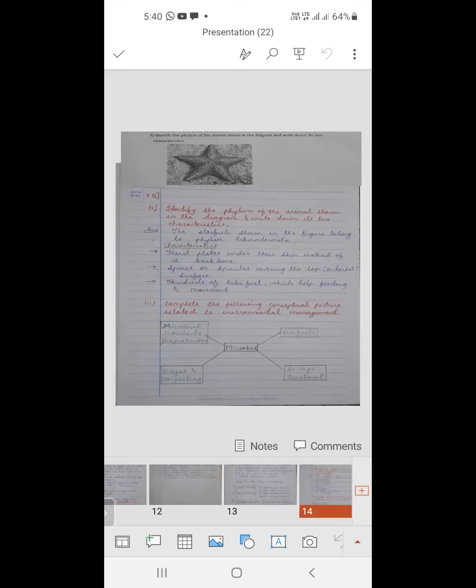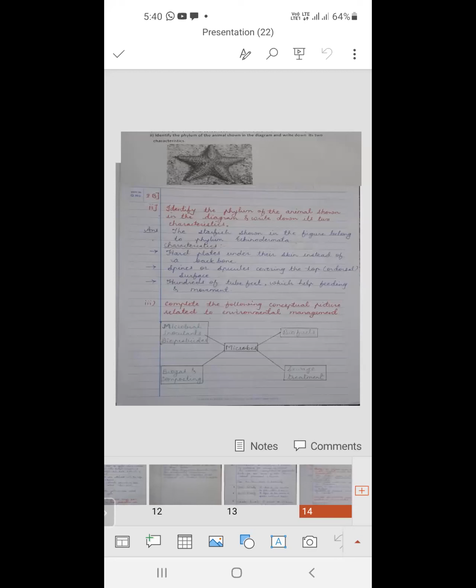From these 3 options, you can write any 2 characteristics. In your textbook also, many characteristics are given, and you can refer to the textbook. It will help you pick some easy characteristics which you can write in your answer sheet.